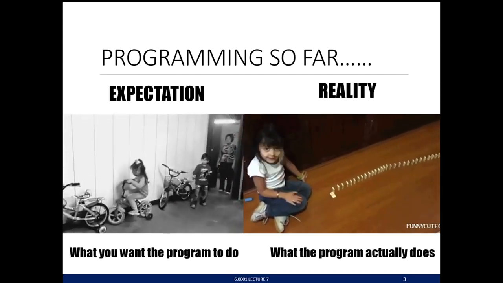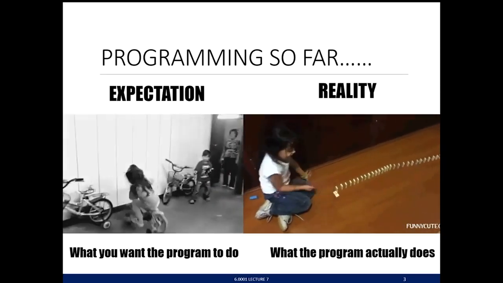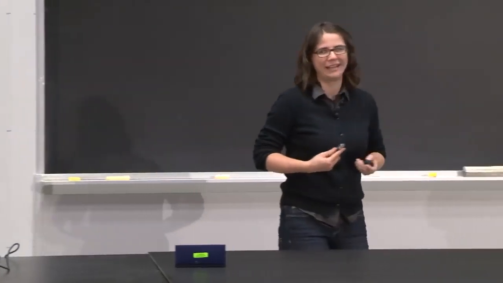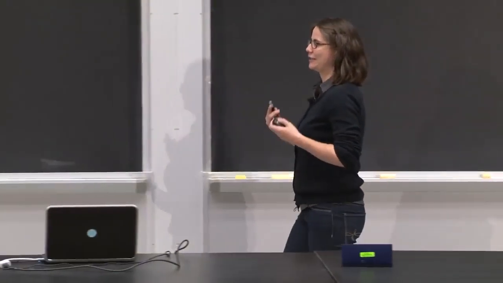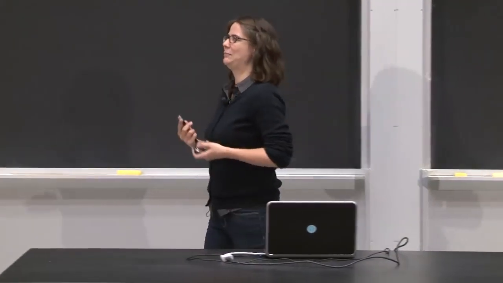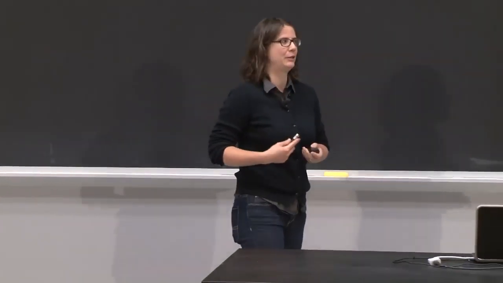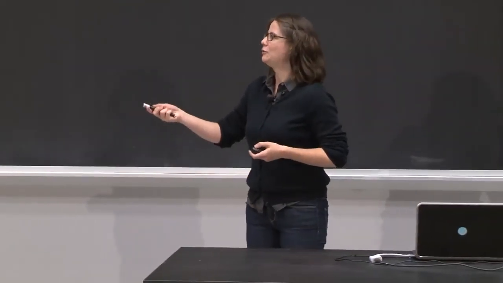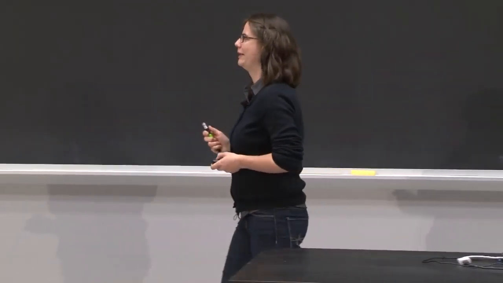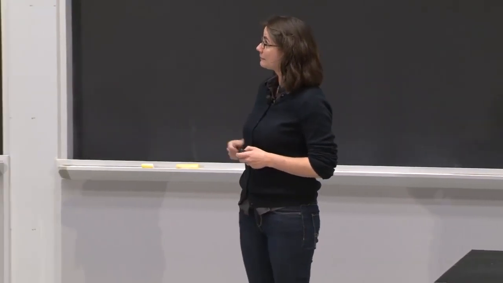It's happened to me many times. It's happened to you many times. That's the reality. So today's lecture will go over some tips and tricks on debugging and how you can make your life easier when you're writing programs so you don't end up like this little girl here, disappointed beyond belief.